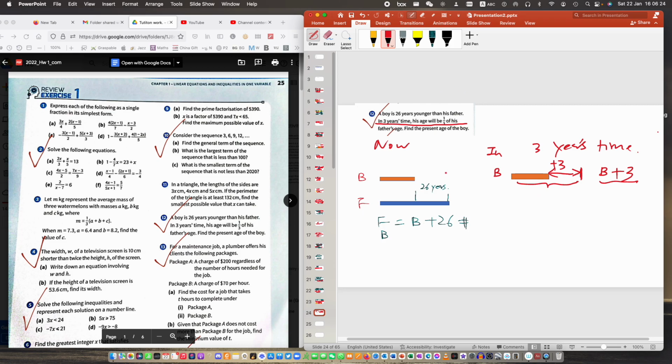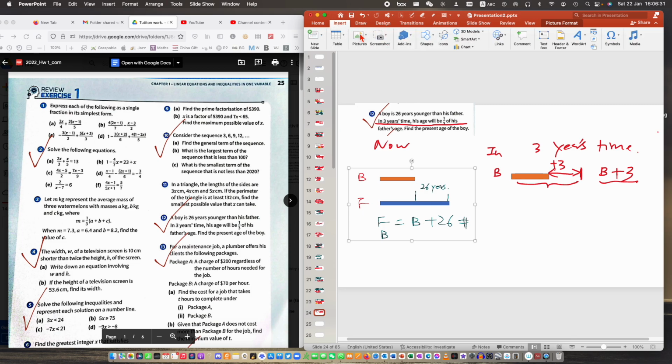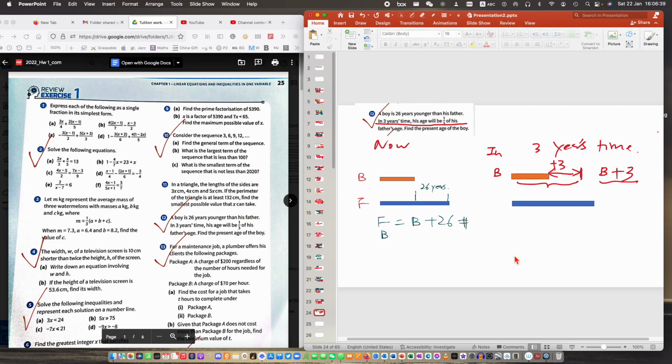The father in 3 years time, the father also. The father is blue. In 3 years time, the father's age will also increase by 3 years.